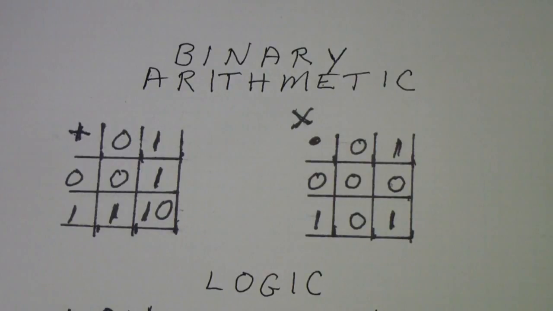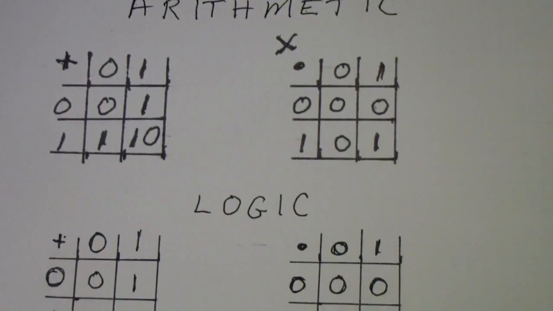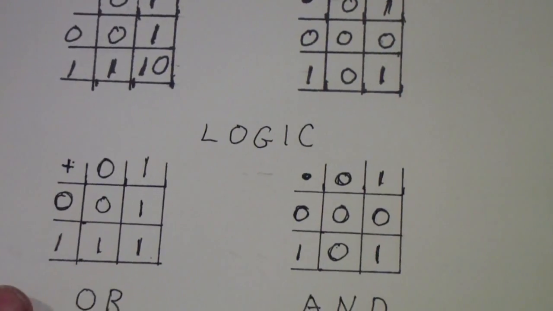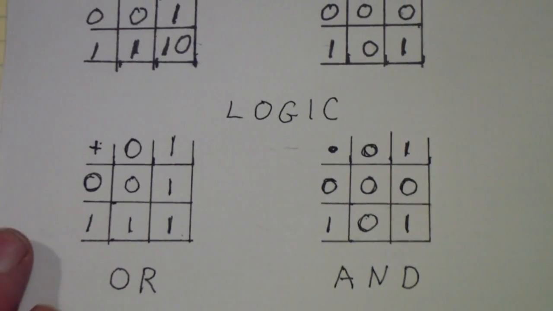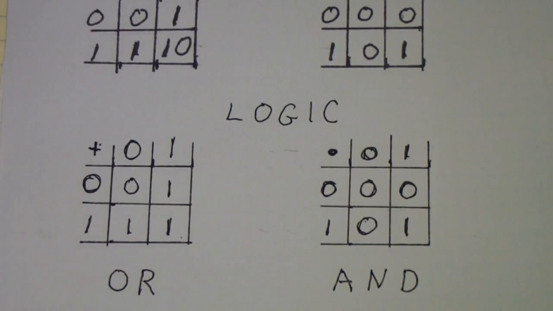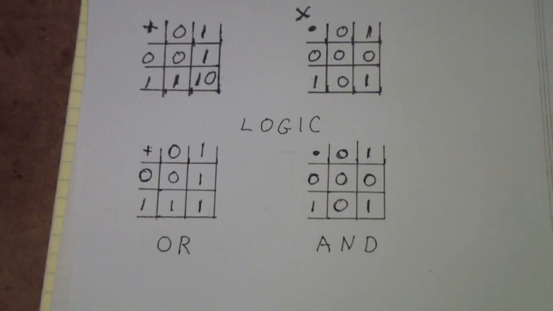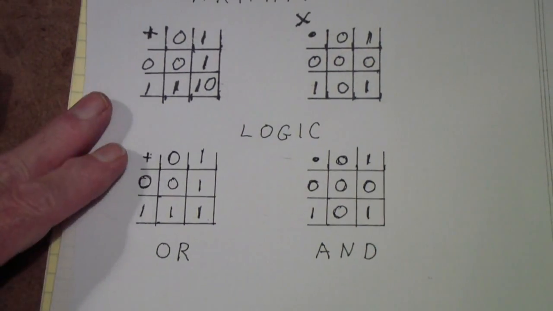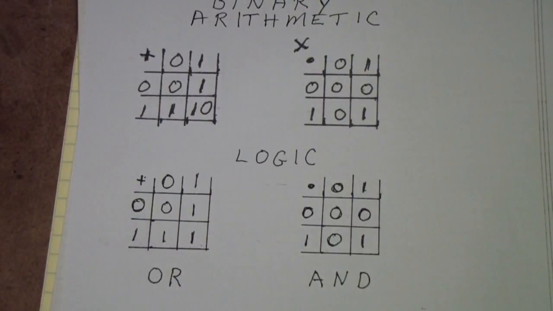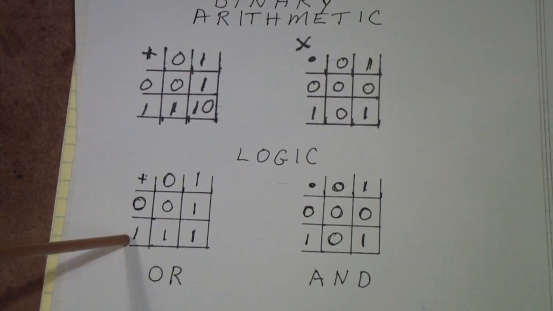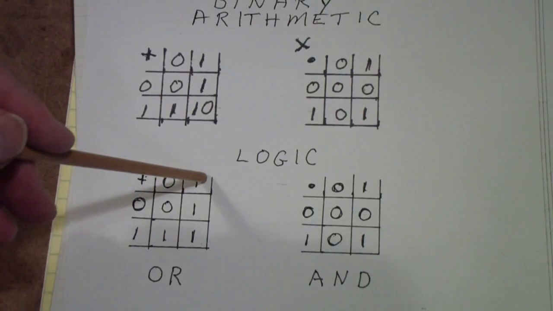But once again, remember in our earlier example, where we said that logic is not the same as arithmetic. And here's the difference. In logic, if we OR, remember this is like Mary or Bill.